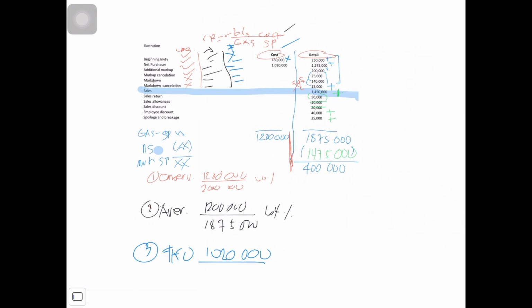Only the beginning is not. How much does it cost? 175 less 250. So, we have 1,625,000. So, 1,020 divided by 1,625. It is 62.77, guys, so we just round up to the whole number. So, 63%.